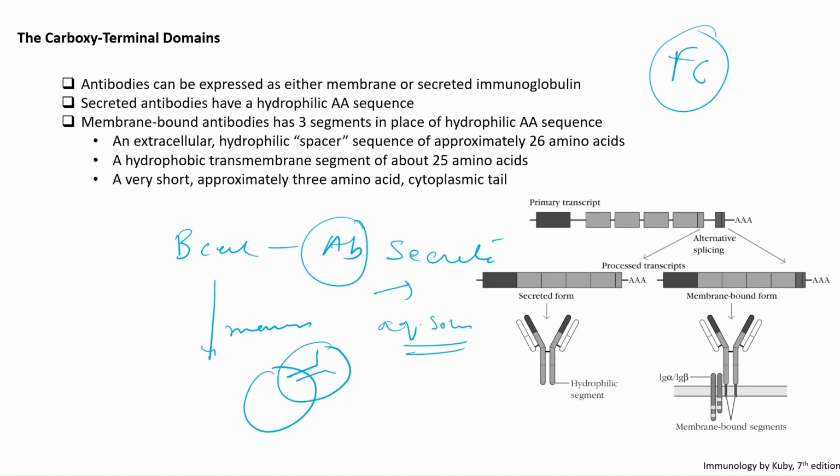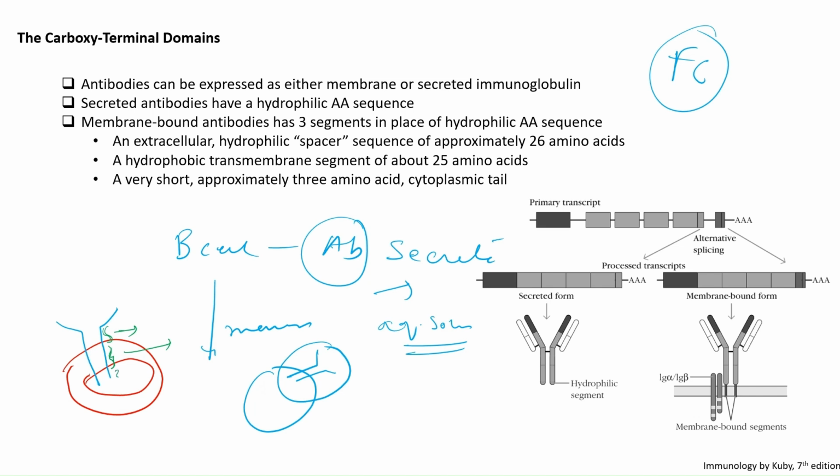Coming to the antibody which is bound with the B cell, it has three segments, as you can see. Suppose this is your cell membrane and this is the antibody. This is one part, the external part. It should be hydrophilic because the outside of the cell is an aqueous environment. Then you have this part which is embedded in the membrane, so that should be hydrophobic.